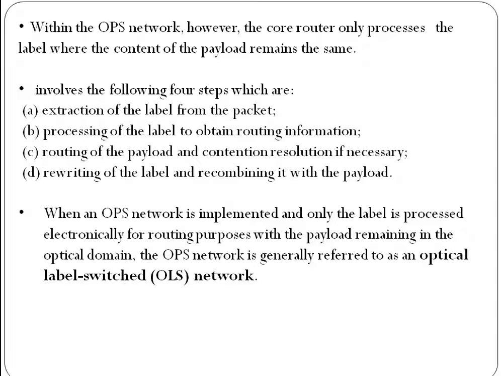When an OPS network is implemented and only the label is processed electronically for routing purposes, with the payload remaining in the optical domain, such a type of OPS network is generally labeled as an optical label switched network.